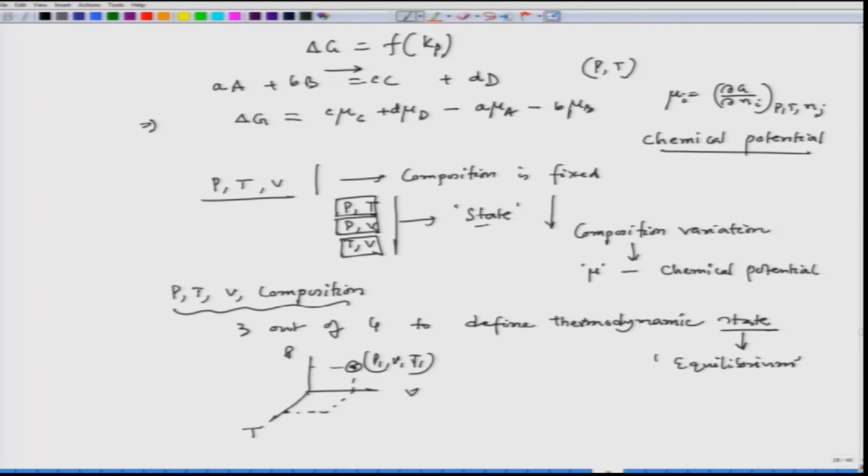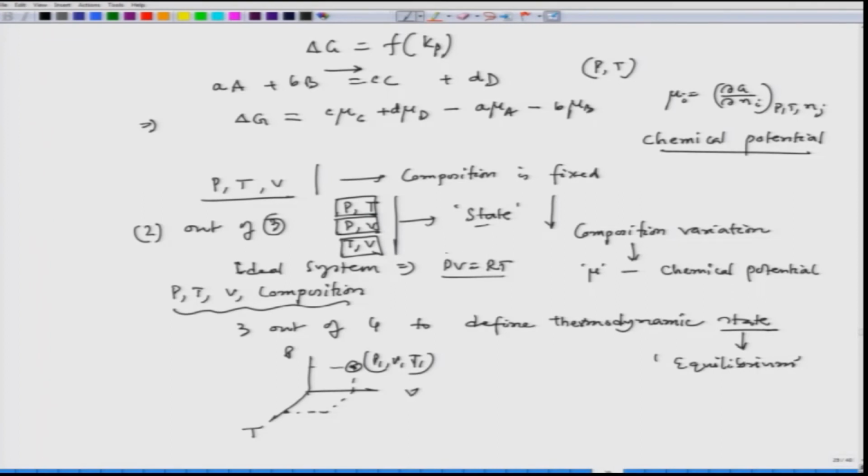So, this coordinate we have to fix. Now, in this case 2 parameters out of 3 are enough, since we have an equation of state in the case of an ideal system, PV equal to RT.